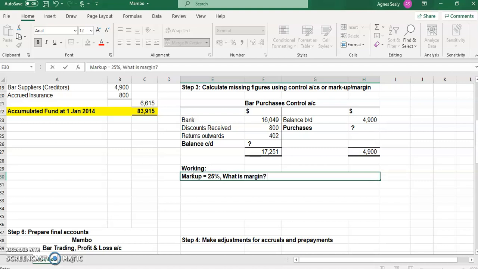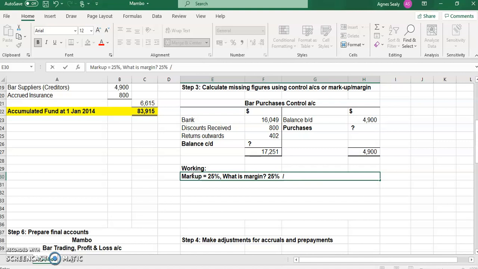And last time we stated how to convert to margin. So we are converting the markup to the margin by taking the same 25% that they gave us, and that is over out of 100. So 25% out of 100 plus the 25%.